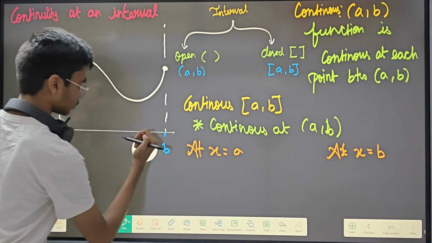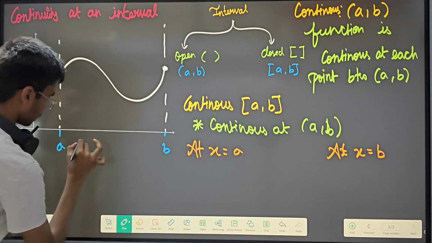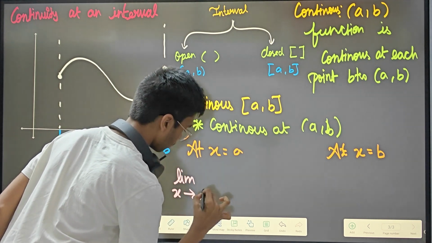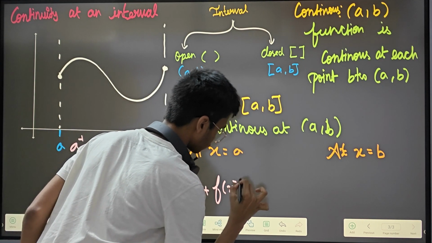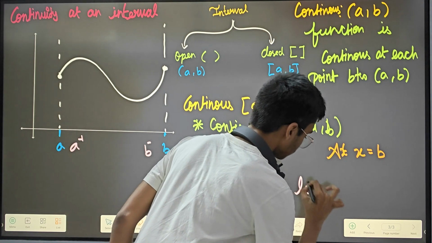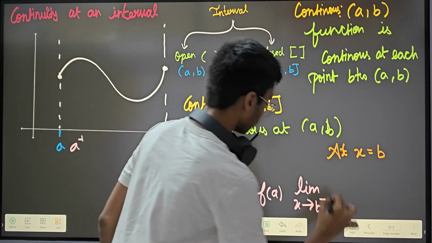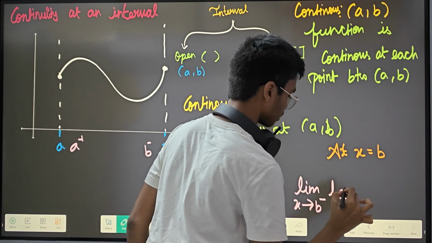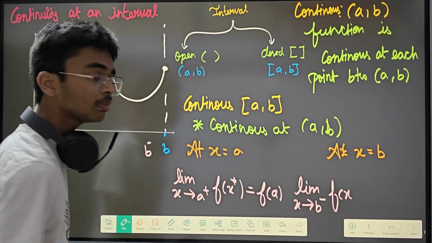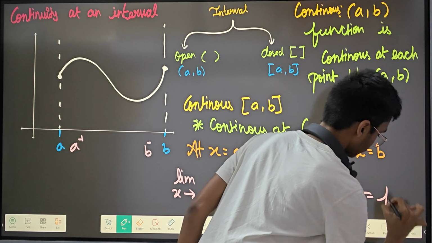So the limit as x tends to A plus of f of x should be equal to f of A, and the limit as x tends to B minus of f of x is equal to f of B. Here plus should come, and here minus should come.